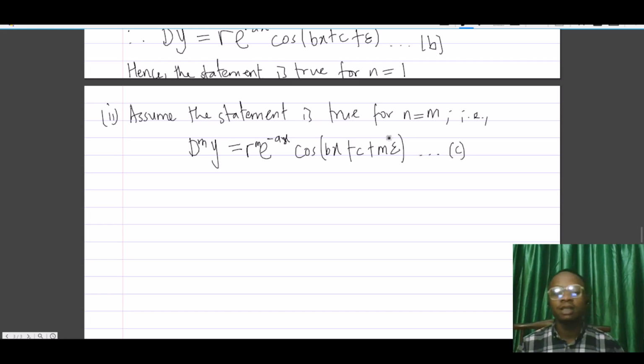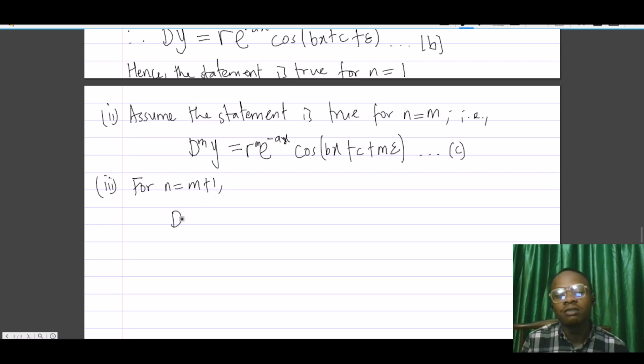That means mathematical induction will mean that we want to reach a conclusion on what the m plus 1 derivative will be by taking in this result for the mth derivative. That's the next thing now. So we now say that for n equal to m plus 1, what will happen?